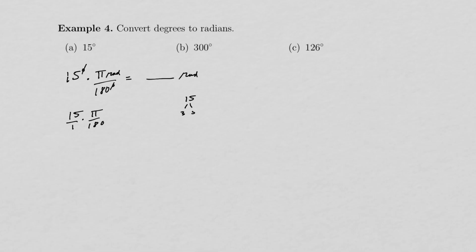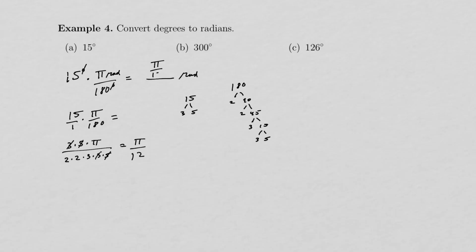So this is 3 times 5, and then 180 is 2 times 90, 2 times 45, 3 times 15, 3 times 5. So this will be equal to 3 times 5 times pi over 2 times 2 times 3 times 3 times 5. Yeah, so 15 does go into it, right? So this is going to be pi over 12 radians.